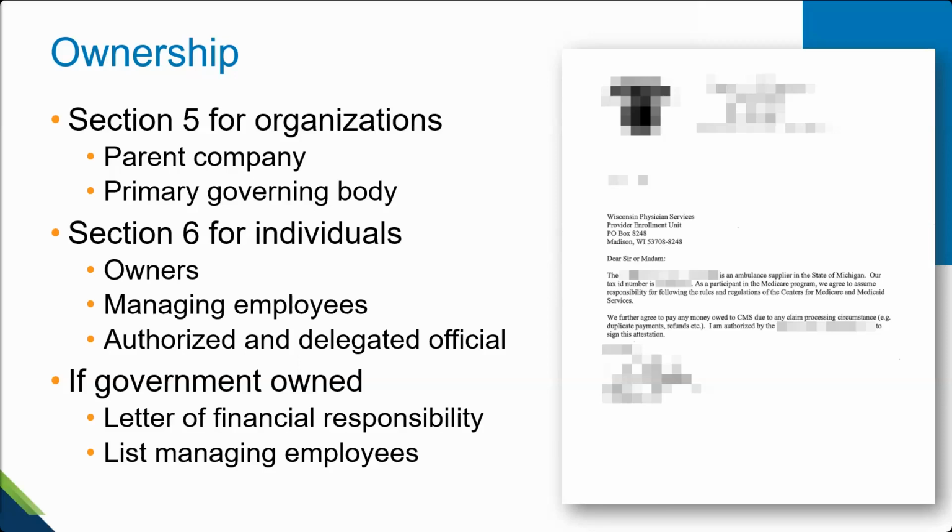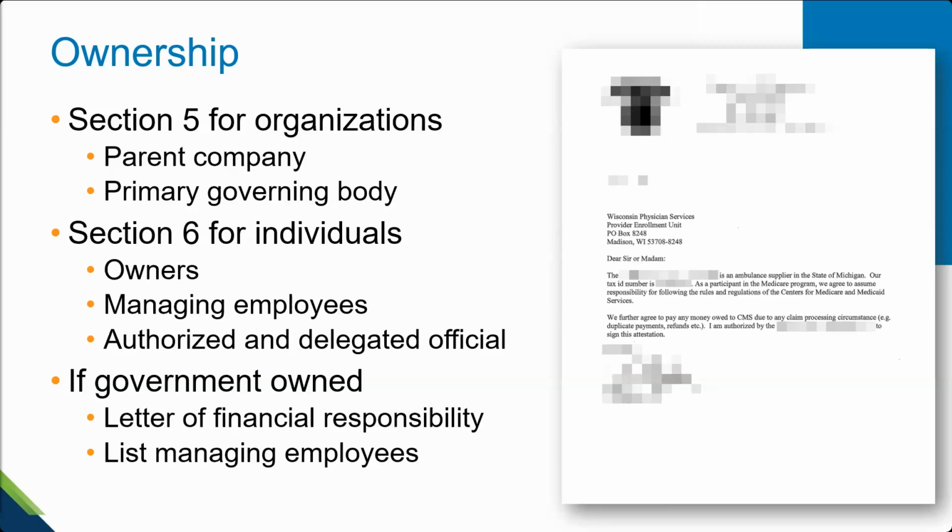So for a government-owned ambulance service, the governing body is going to need to provide us with a letter, which is the image that you see on the right of this slide. It's an example of the letter, and the letter needs to include confirmation that that governing body is going to be legally and financially responsible in the event that there is any fraud or debt or monies owed to CMS.